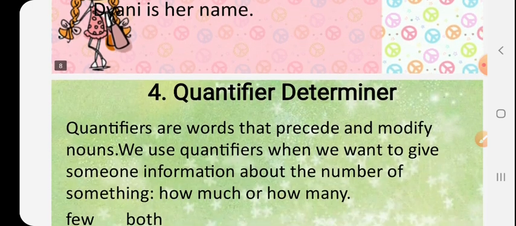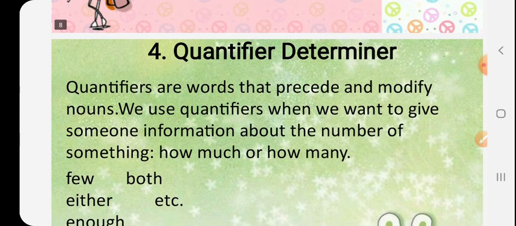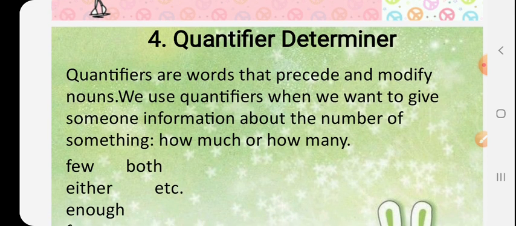Now the next is quantifier determiners. Quantifier comes from the word quantity, so here we are getting to know the quantity through these determiners. Quantifiers are words that precede or modify a noun, telling us the quantity of something.